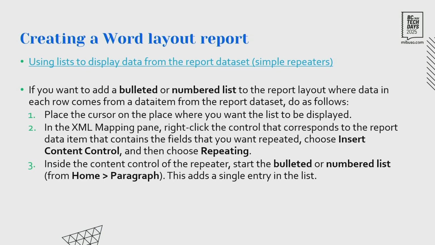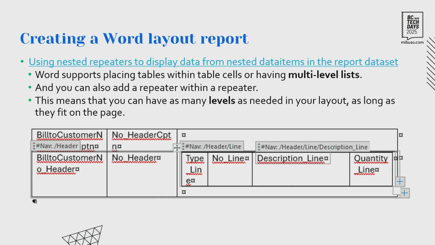All right. Lists are also interesting to use if you like a bulleted list or a numbered list with some data in there. You can start by creating a list in Word and then also put a repeater in there. It doesn't always have to be a table, so that's also interesting to do. And the details I also have here.